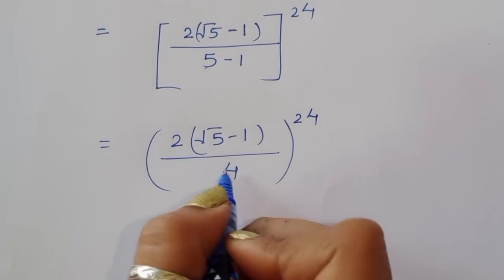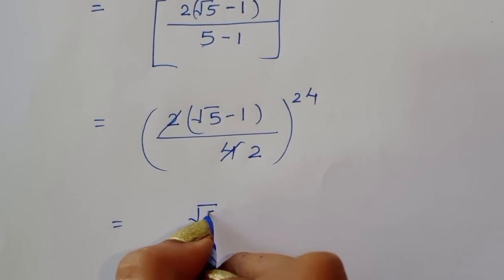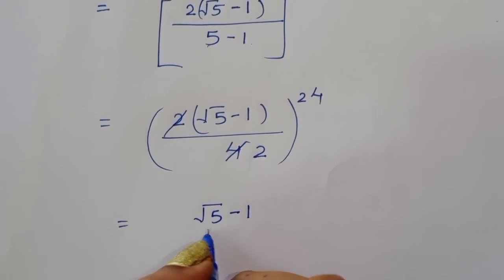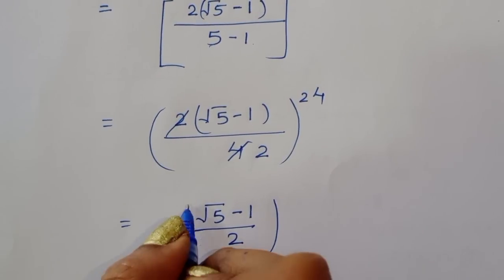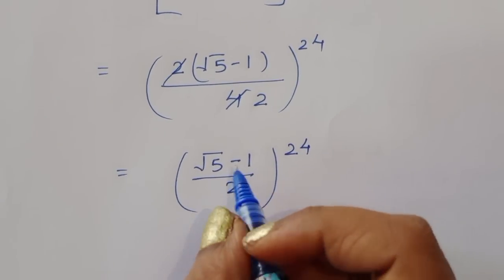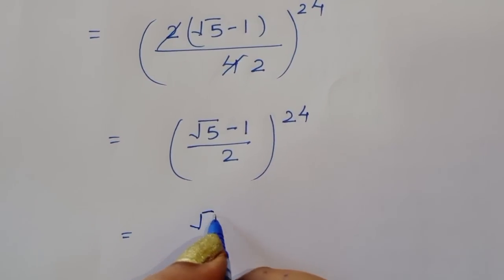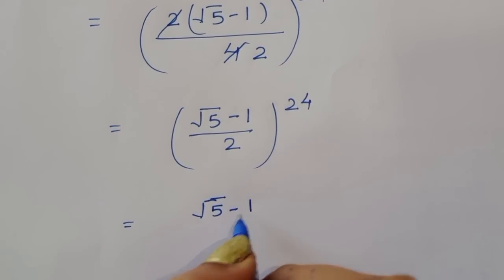Now 2 twos are 4, so it cancels, and it is equal to square root of 5 minus 1 divided by 2, power 24.